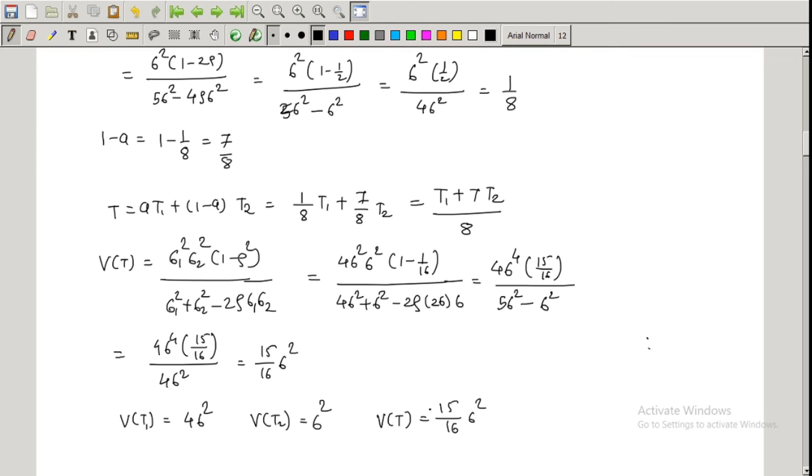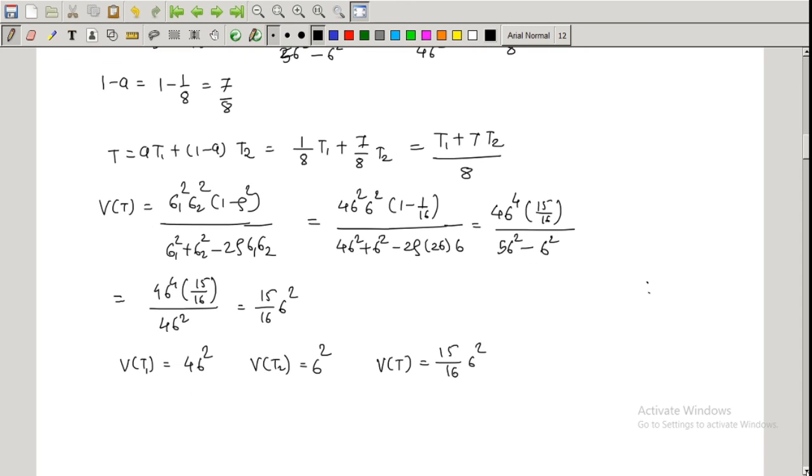If you compare all these terms, in this case variance of T is less, because 15 by 16 is less than 1, so variance of T is less than variance of T2, which is less than variance of T1. So this is the relation between these three terms. Okay, thank you.